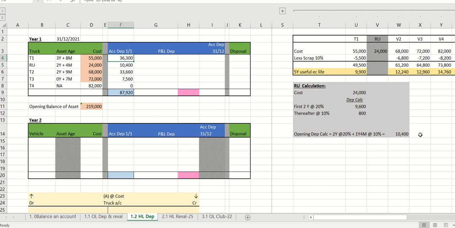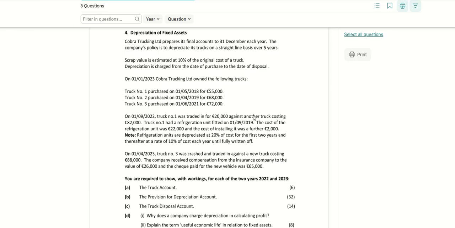Each of the 4 trucks, we had to deduct the scrap and divide by 5, and then we had to calculate it for the number of years and months correctly. For the RU, we had to do the first 2 years at 20%, and everything after that at 10%, which is 4 months. So great care needed. Please take your time when you're doing this part of the question. You can make up your time afterwards when you're doing balancing accounts and double entry and things that you're really good at.